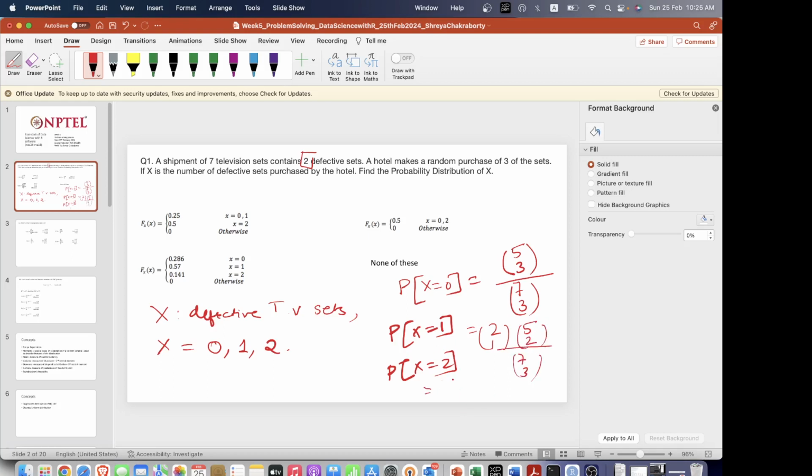And probability x equal to 2 would be over 7C3: we are choosing 2 from the 2 defectives and the remaining from the 5 non-defective ones. So whatever these values come to, that would be the answer. That would be the probability distribution. These would be small f of x.